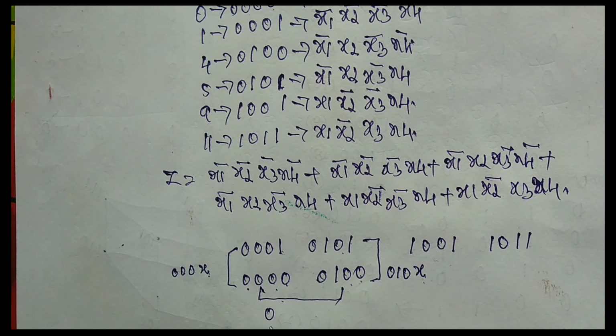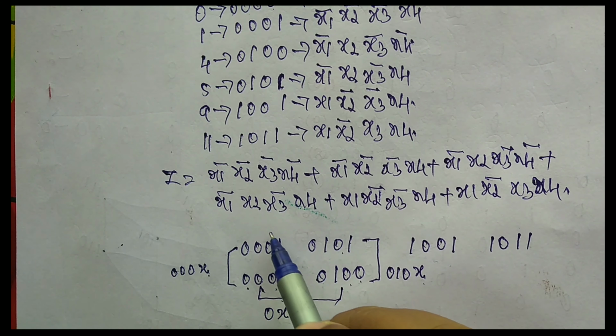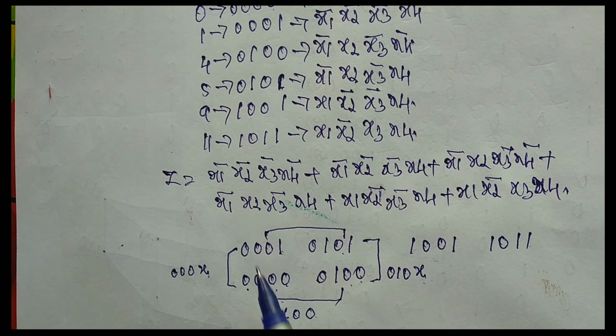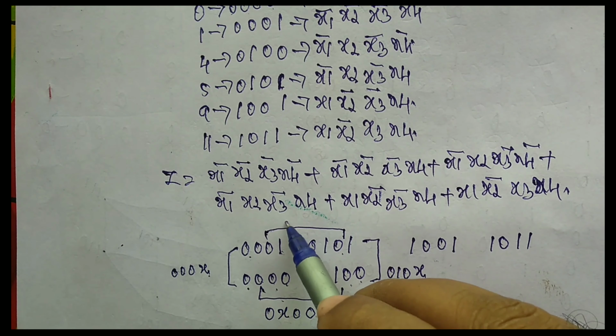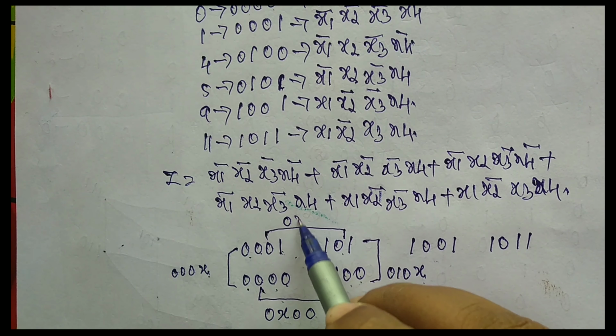So 0 first coordinate is identical. Then only the second coordinate varies. That is we take it as 0, x, 0, 0. Then now you take this one. So first coordinate same 0. Second coordinate varies. So that is x.